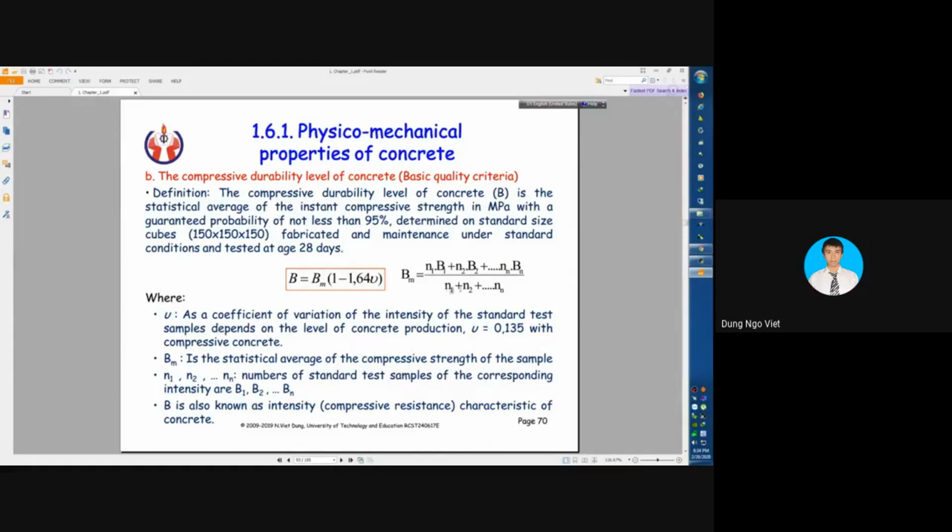And here we have the N1, N2, and so on to Nn. They are the numbers of standard test samples of the corresponding intensity B1, B2, and so on to Bn. And B is also known as the intensity compressive resistance. And this is the characteristic of the concrete for compressive durability.